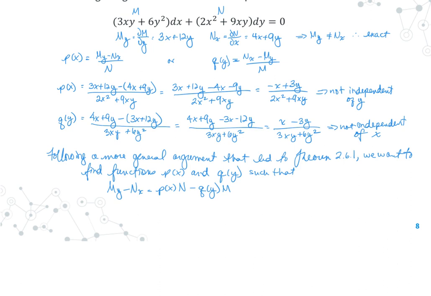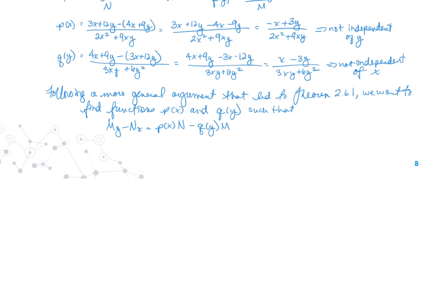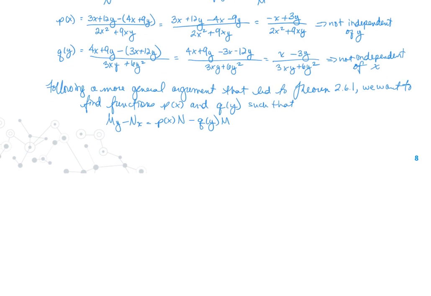But if we go through now our new version and start plugging in some of the values that we know, m sub y minus n sub x, we already said, was negative x plus 3y, and it equals, and I'm going to abbreviate p of x as just p, times n, which is 2x squared plus 9xy.